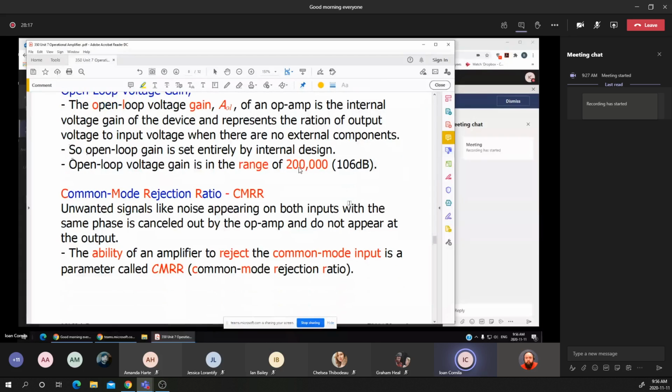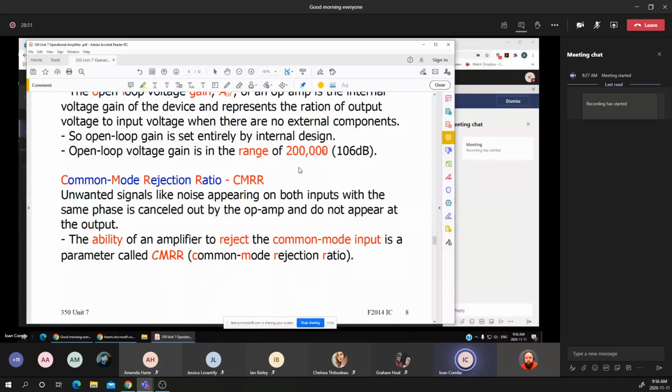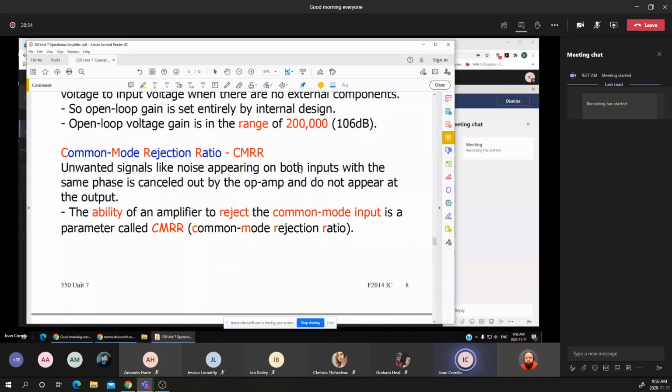Now we'll do some examples, and in the assignments or tests we'll see some values closer to this range, between 70, 90, 100, 100,000, which will make the open loop gain a practical value. I'm not using any other values that we may see on some other circuit that has more than 200,000 open loop gain.